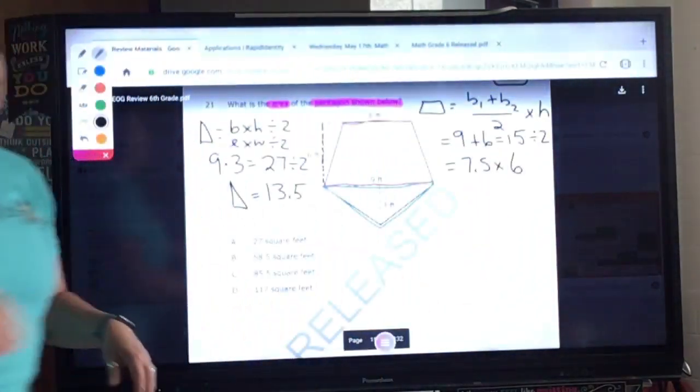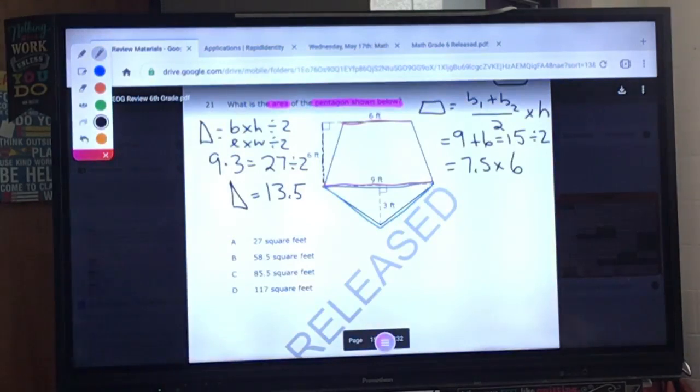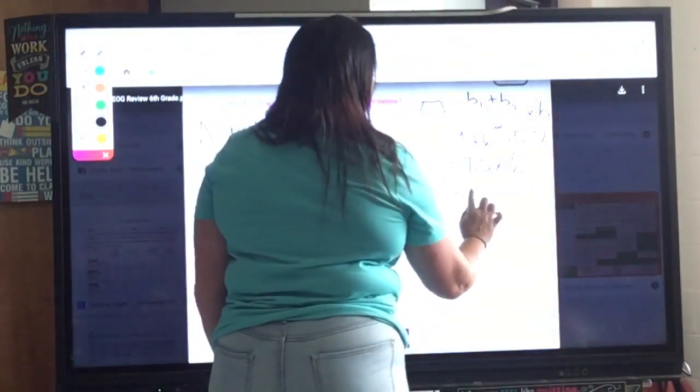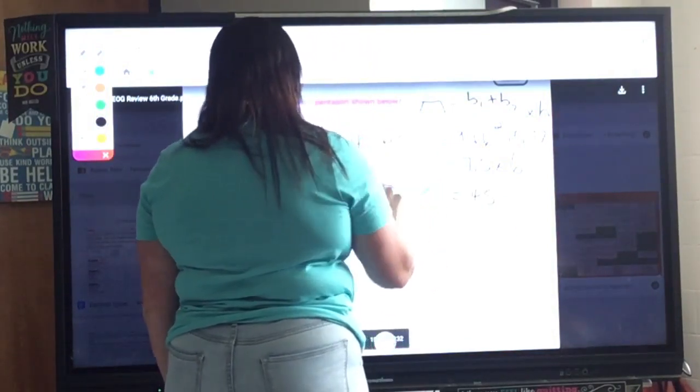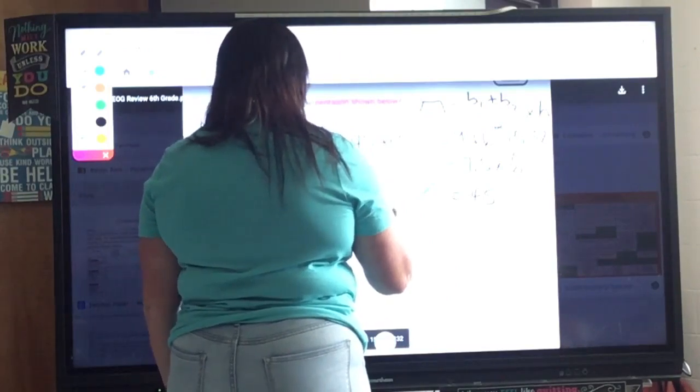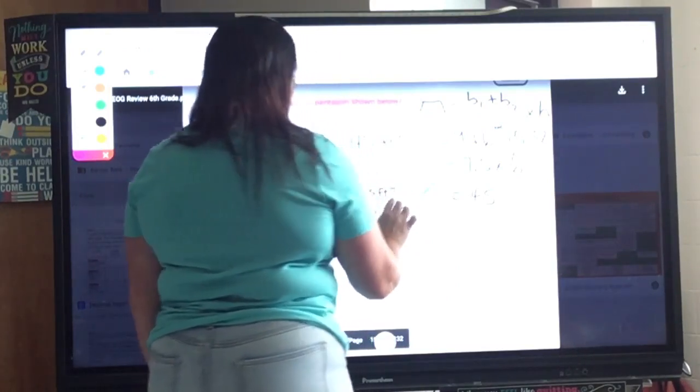So what is 7 and a half times 6? Kylie? 45. So this is 45 feet squared, and this one was 13 and a half feet squared.